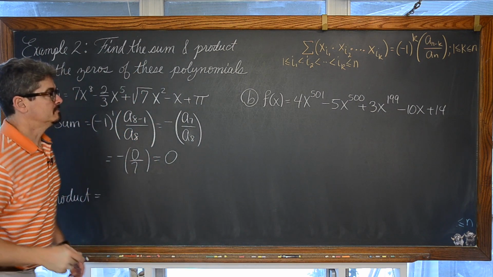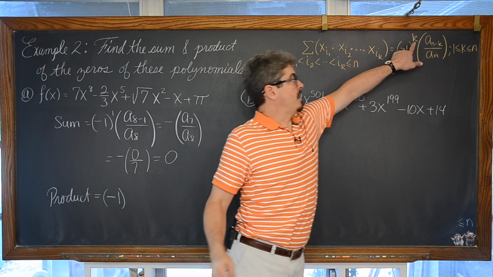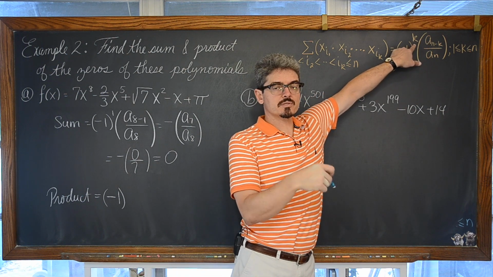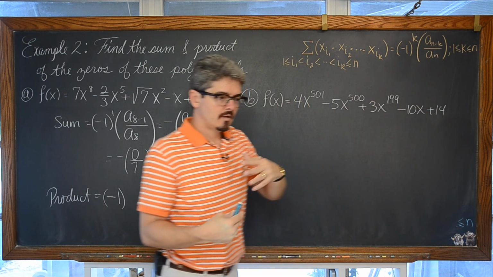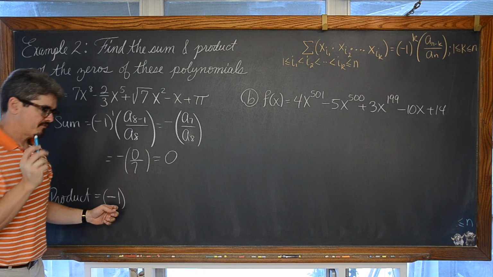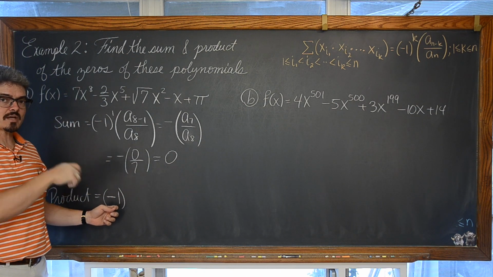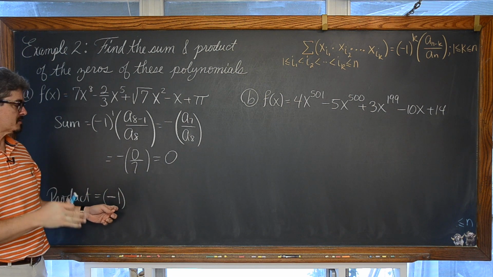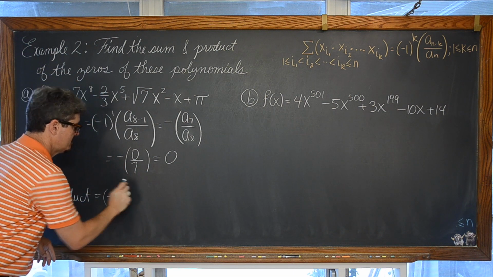Well, that's going to be negative 1 raised to the k power, the number of roots that are in each term. If I want to extend the number of roots in each term, I don't really want to add a bunch of individual terms. I just want nothing but roots. So it's going to be a product of 8 roots, so k is going to be equal to 8.